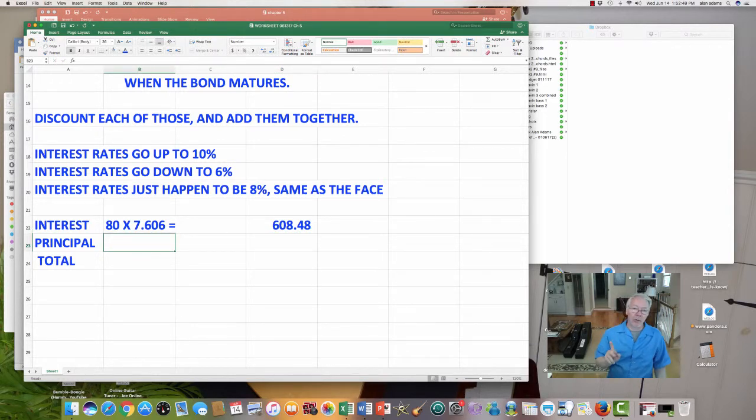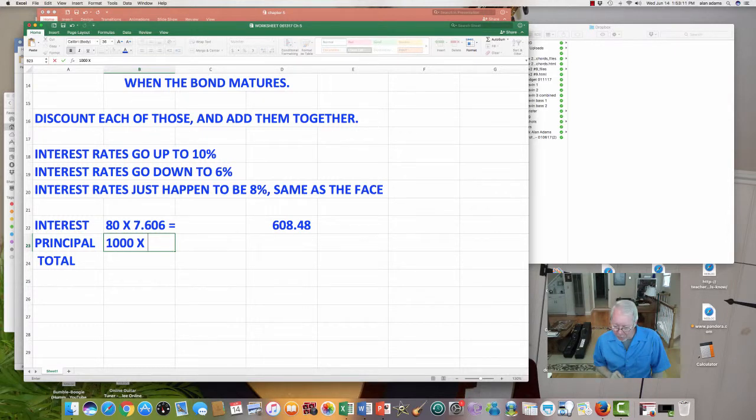$608.48. Number 2, you've got to discount the principal because you are going to get that money back. The problem is you're not going to get it back until 15 more years go by. So take that $1,000 that you will get back in 15 years, the face value of the bond. Go to table number 2. That's a single amount. You're only going to get repaid once.